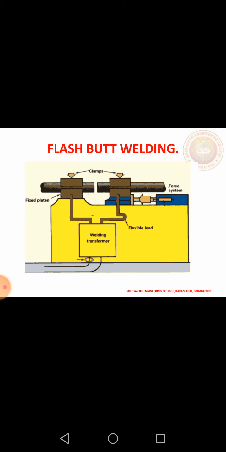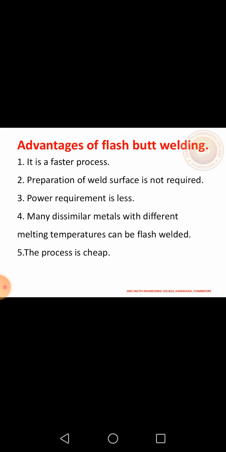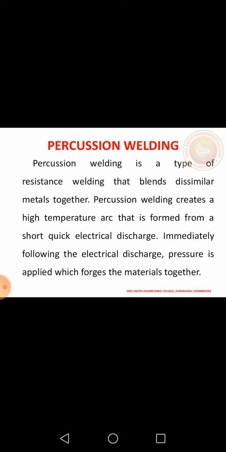A thin flash is produced around the joint, which is subsequently removed to give the weld. It is generally used for welding chains, rail ends, shaft axles and others. Next one, percussion welding.